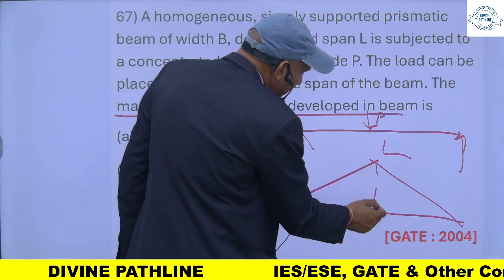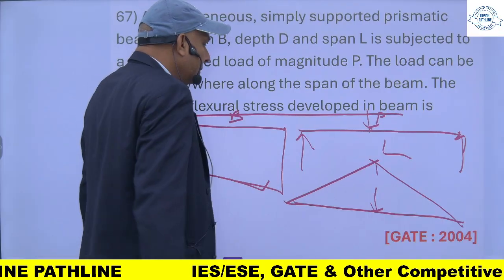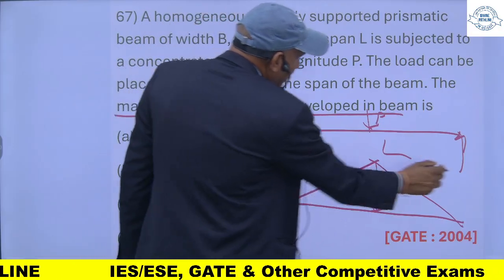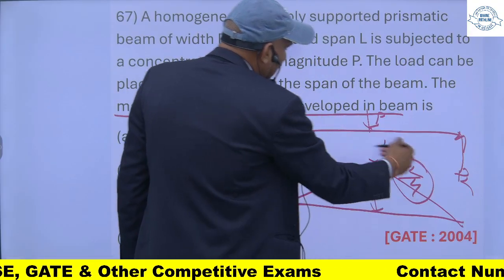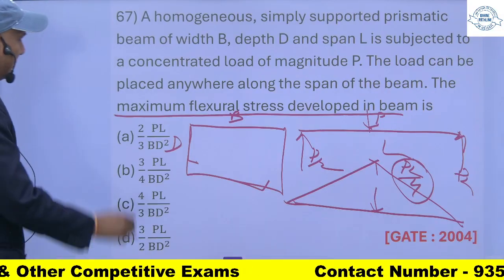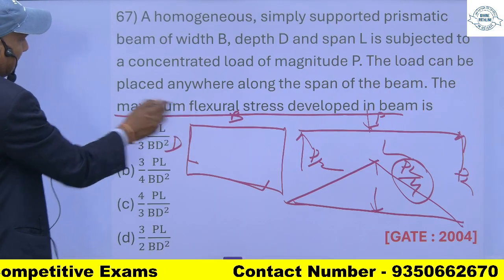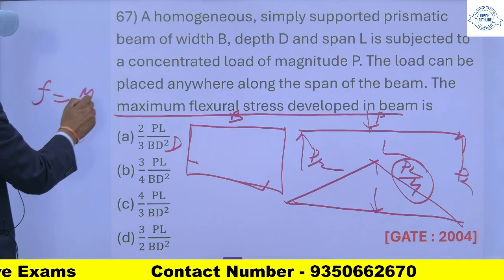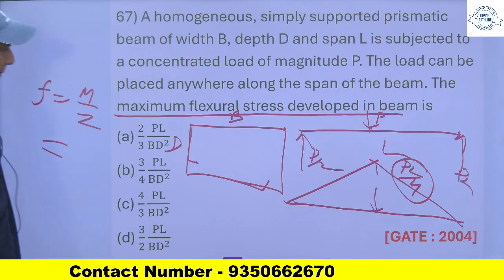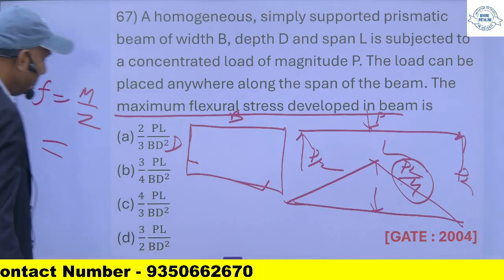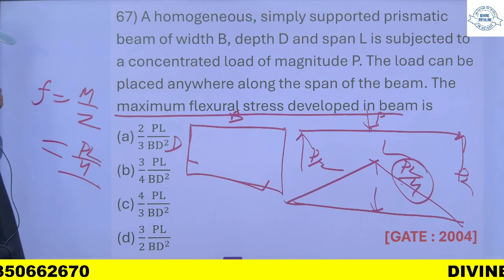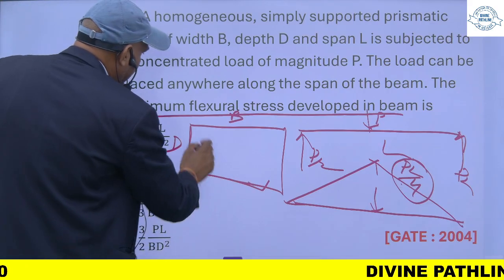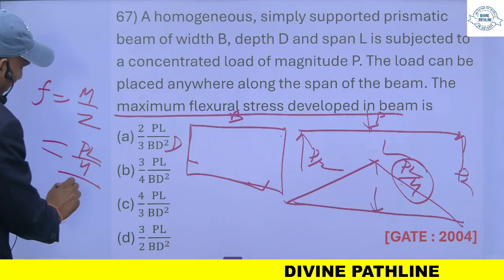And that maximum bending moment will be, this is P, so it will be P by 2, and this is PL by 4. So maximum bending moment is PL by 4. So flexure stress F is equal to M upon Z. M is equal to PL by 4 divided by Z. Z will be BD square by 6, section modulus.